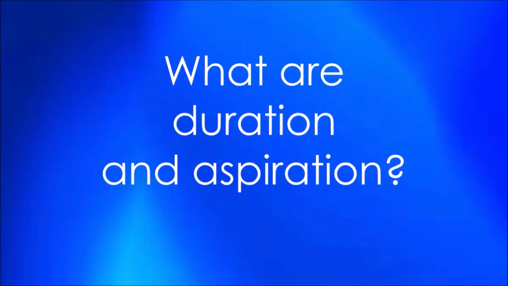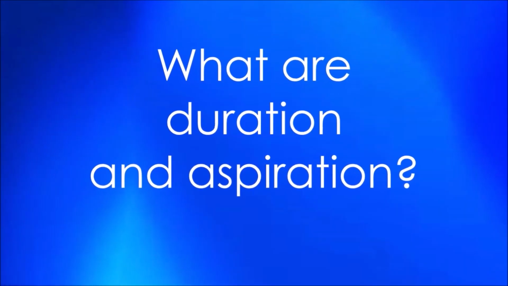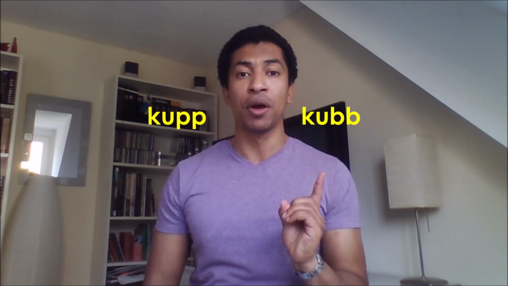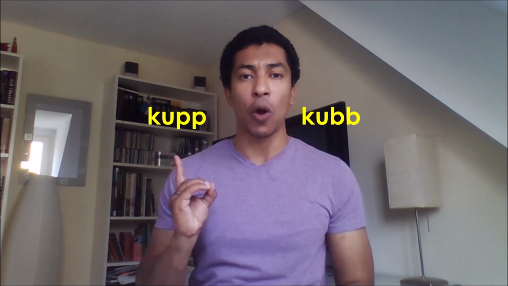Did you pronounce the P sound correctly? Did you use the right word stress, the right intonation, duration, and aspiration? What are duration and aspiration? Let's say we have 2 words, kubb and kupp.